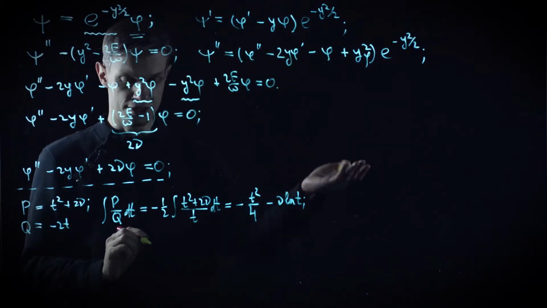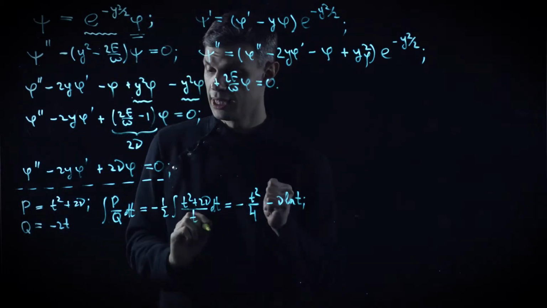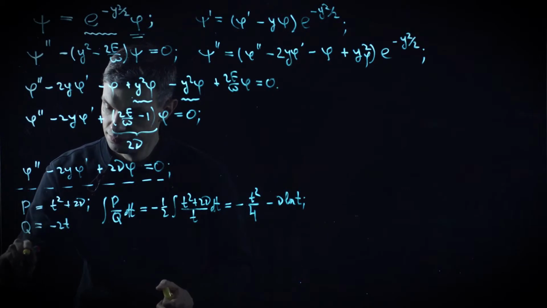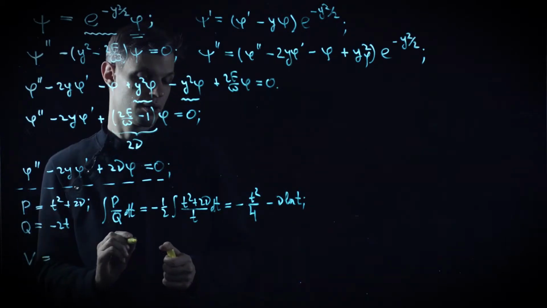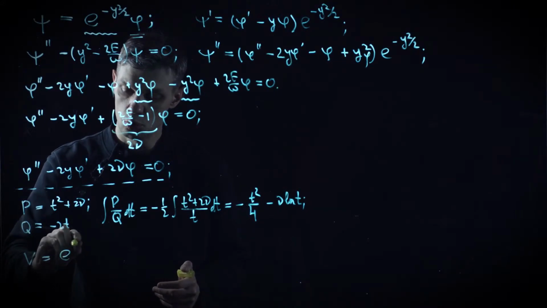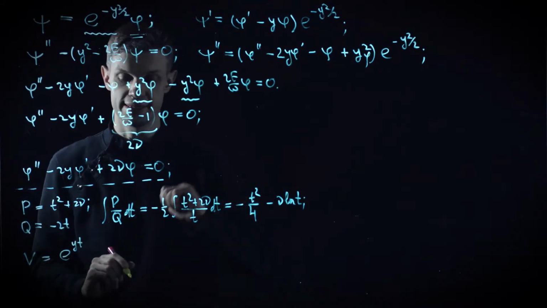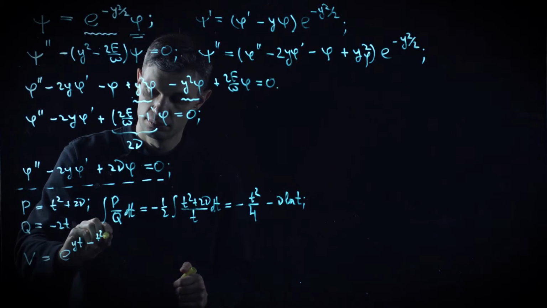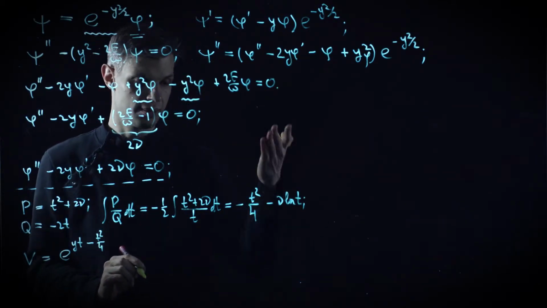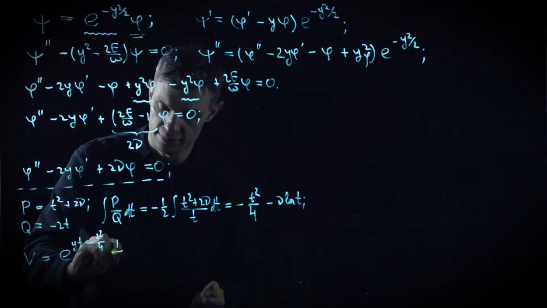As usual, we drop all the integration constants. They are irrelevant. And we write down our v function, which is simply e to yt minus t squared over 4 plus or minus nu logarithm of t. But let's write it like this.